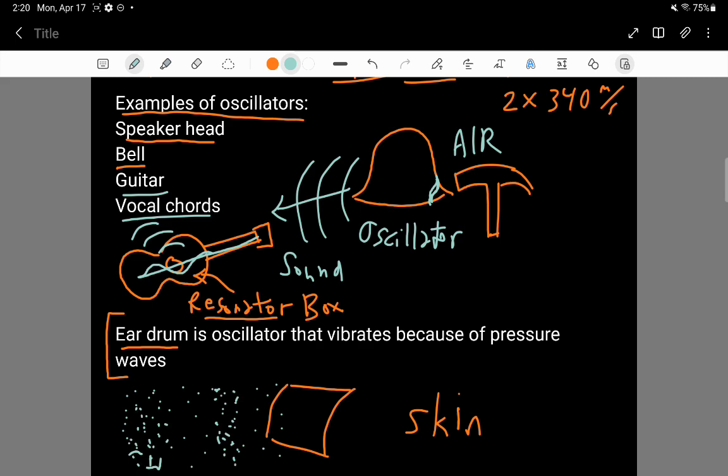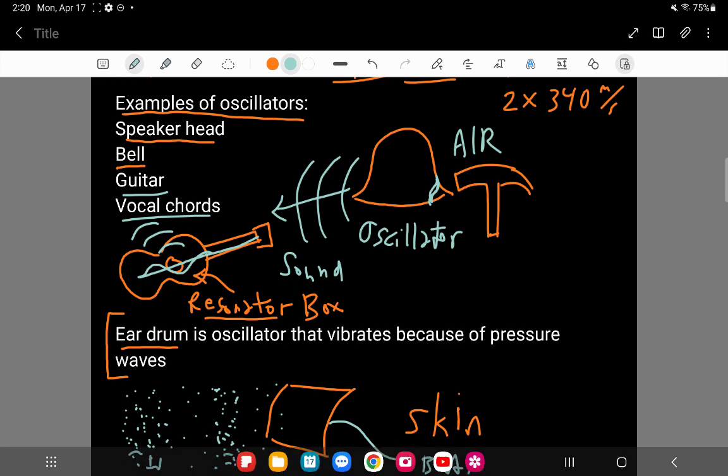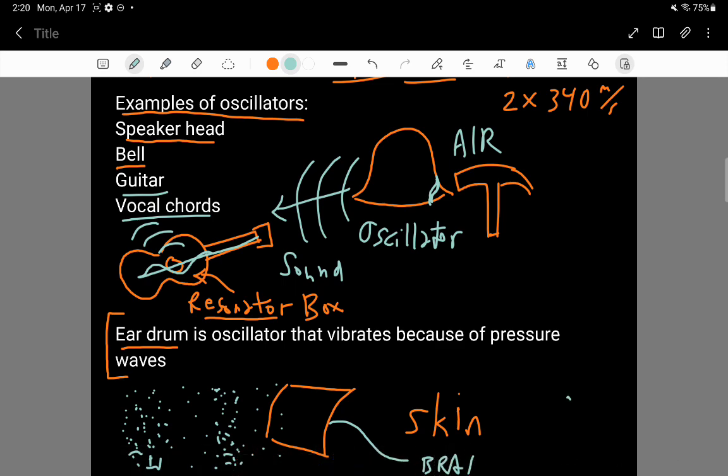And so the high density pushes inwards on the eardrum and the rarefaction pulls outwards on the eardrum. And the eardrum has a nerve line that goes to your brain that can tell you that your eardrum is vibrating in and out. And so this eardrum is also an oscillator, and this oscillator is being energized by being pushed on and pulled by the sound wave that hits it, right?